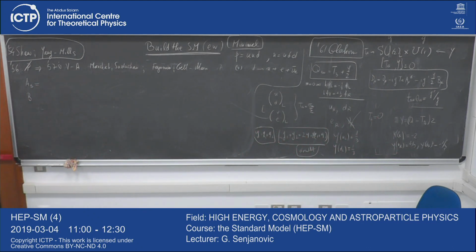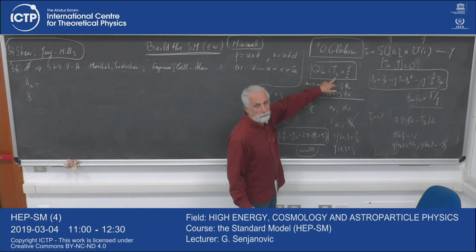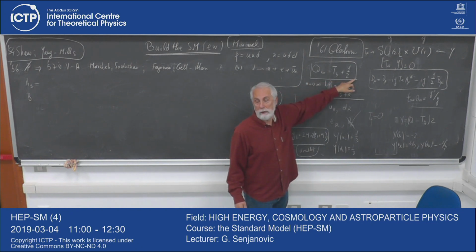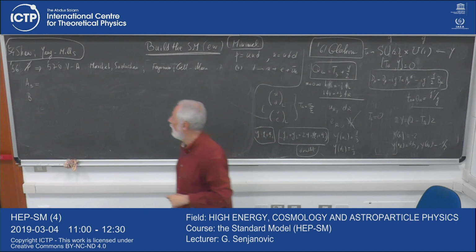So A3 must be some linear combination, you agree, of the photon and some other field. A3 cannot be the photon because the photon doesn't couple to T3. The photon cannot be B because the photon doesn't couple to hypercharge. Hypercharge must be the same, but up and down quarks do not have the same charge.